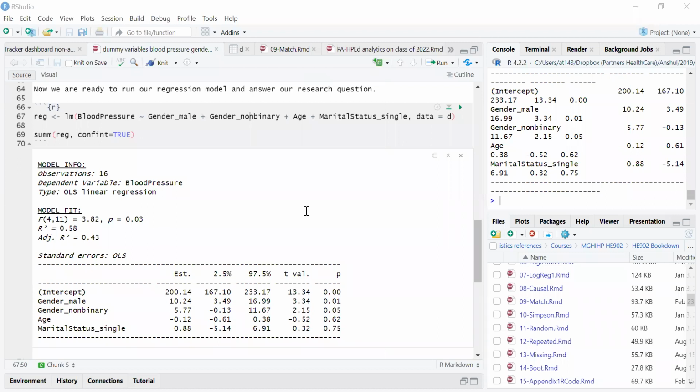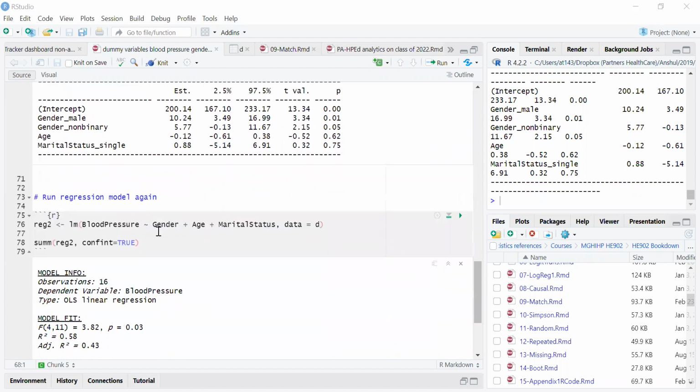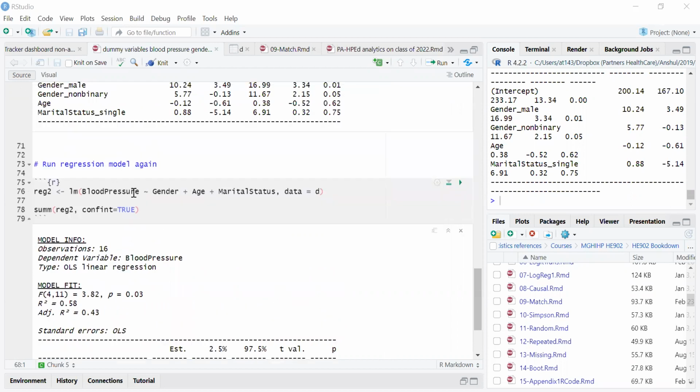Great. So before we get to a more in-depth look at the interpretation, I want to cover one other topic related to the actual coding and writing of this regression model LM command. So in R, what if we did just type the original gender variable, right?